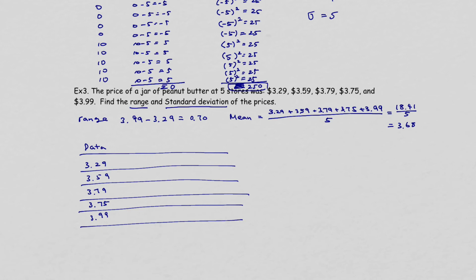And then the total, which is the summation. The next thing we need to find is the deviations.